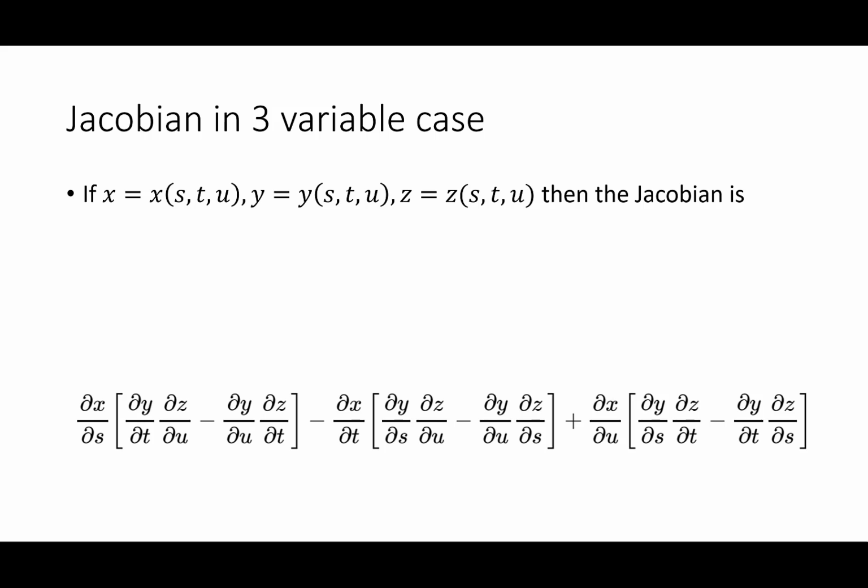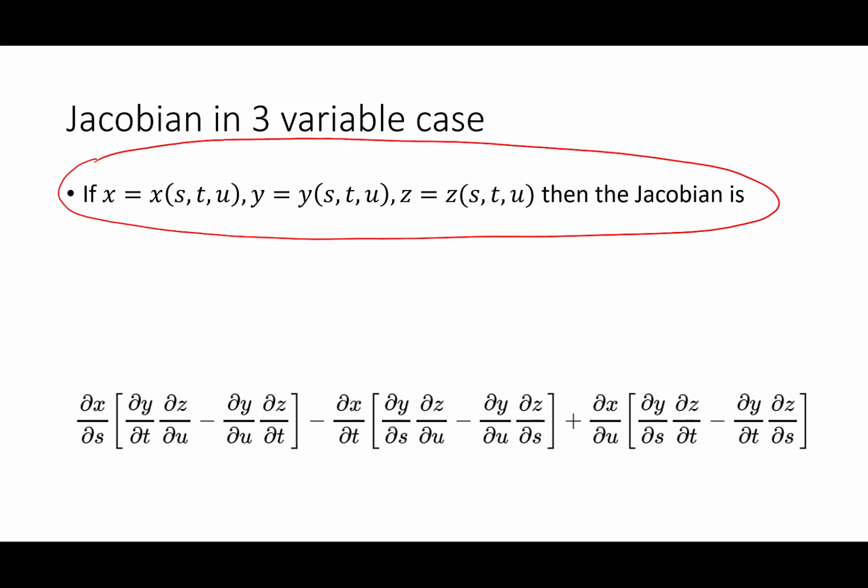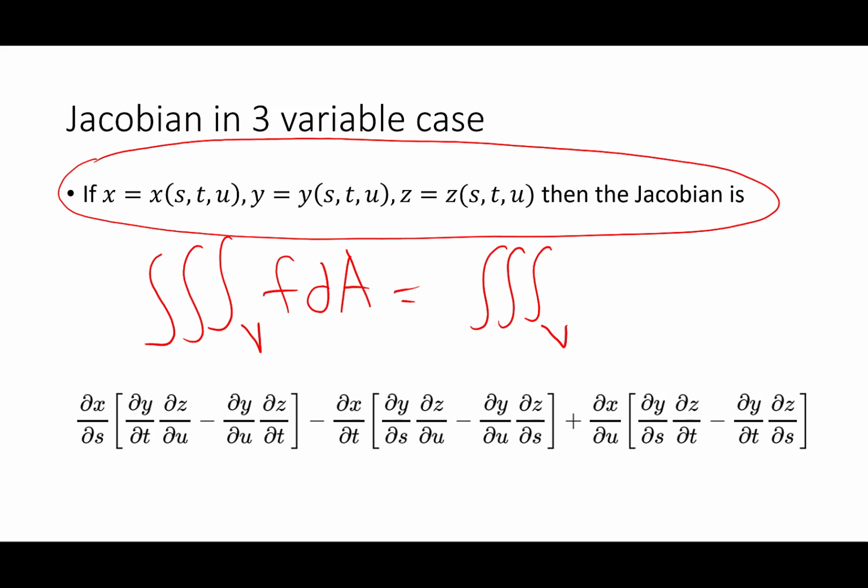If we're doing the 3-variable case, let's suppose that we're computing a triple integral and we want to do a change of variables, then we would still have to multiply. So if we have the triple integral over some volume f dV, and we convert this by our change of coordinates, we'll have to change probably the solid that we're integrating over.